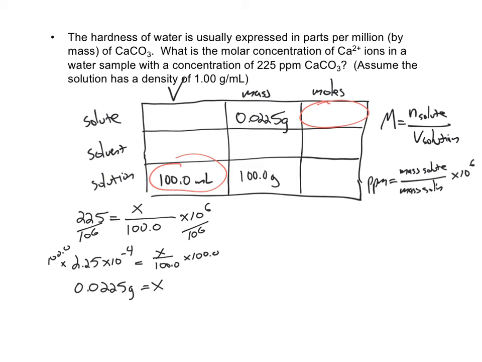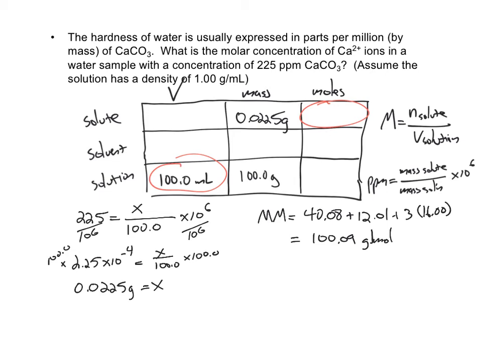Okay, so then to find moles of the solute, I need its molar mass. I need the molar mass of calcium carbonate. So I've got 1 calcium, 1 carbon, 3 oxygens, and so I get a molar mass of 100.09 grams per mole.